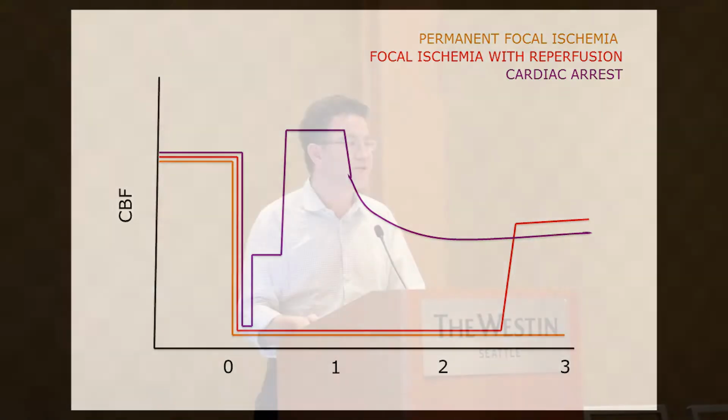And assuming you get to ROSC at that average of 25 minutes, then you get a brief rebound hyperemia. And then we know very well that what happens for hours and hours and hours when patients come into our units is there's a low reflow phenomenon that's thought to be due to diffuse circulatory capillary dysfunction and shutdown.